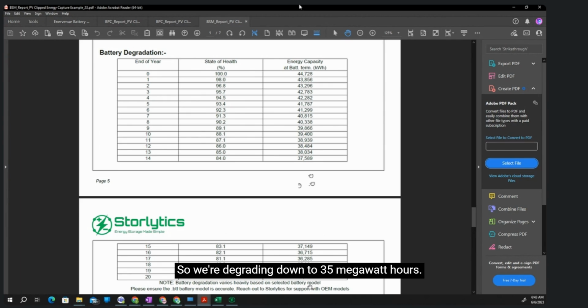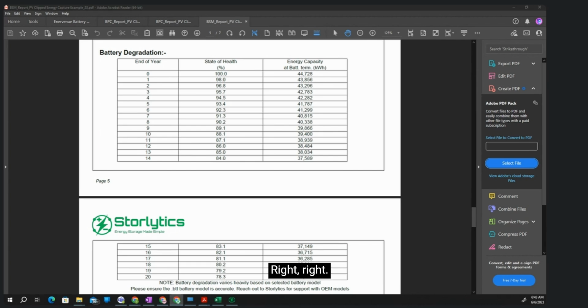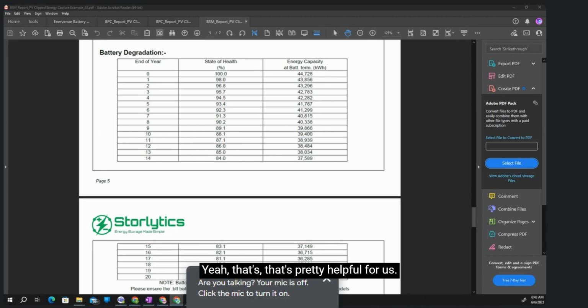In this case, we're degrading down to 35 megawatt hours. If I wanted to keep the system at 40 megawatt hours throughout its life, I would need to oversize it quite a bit to make sure that by year 20, if I'm targeting a 20-year life, I would end up with 40 megawatt hours. Yeah, that's pretty helpful for us.